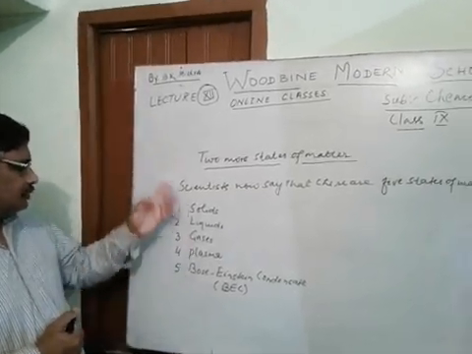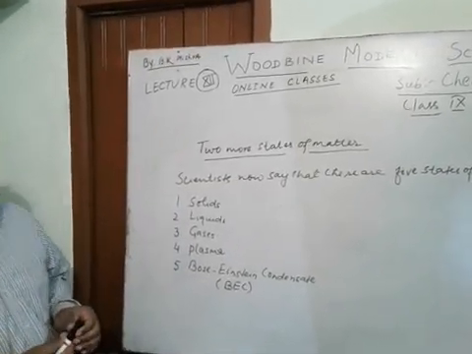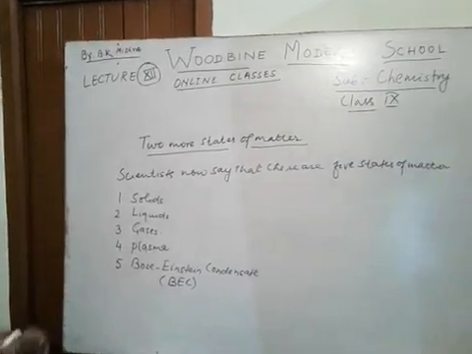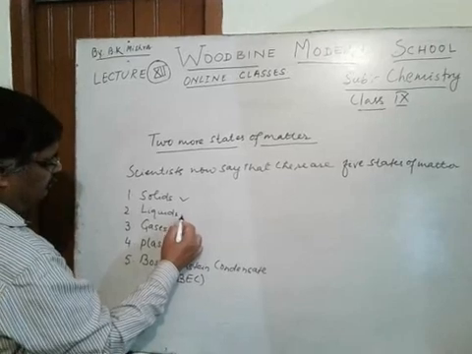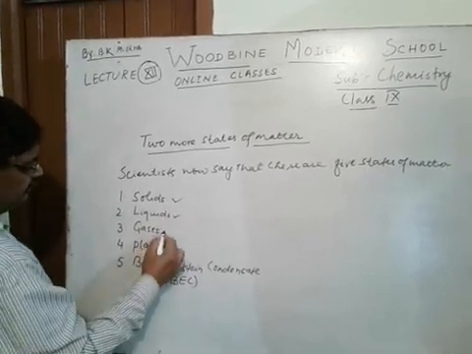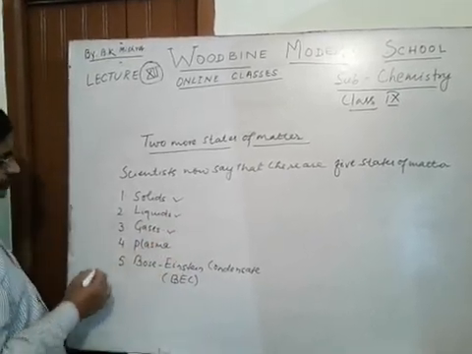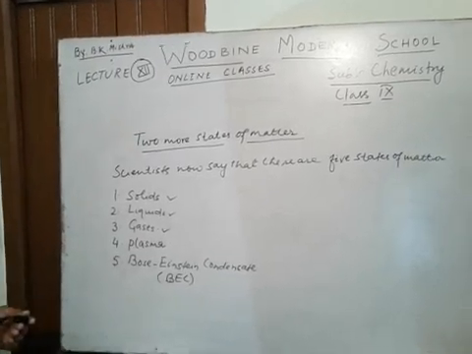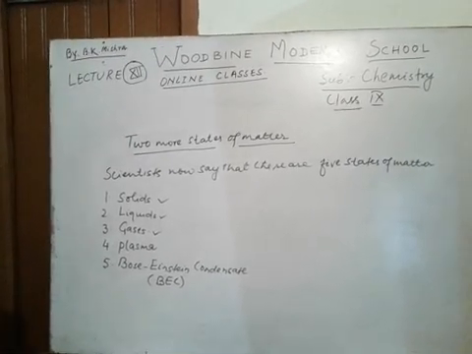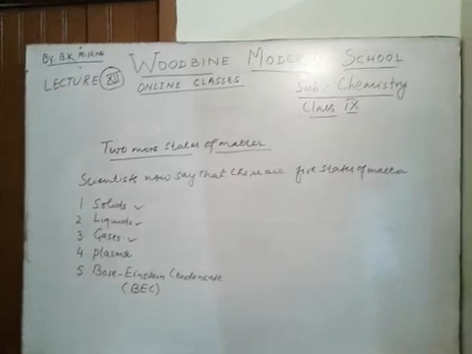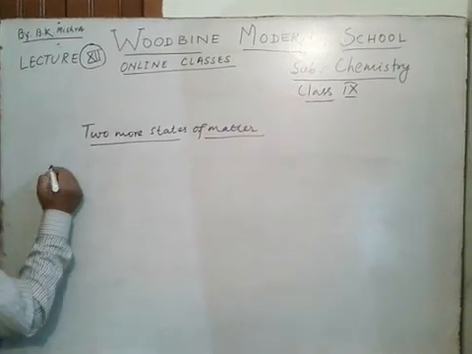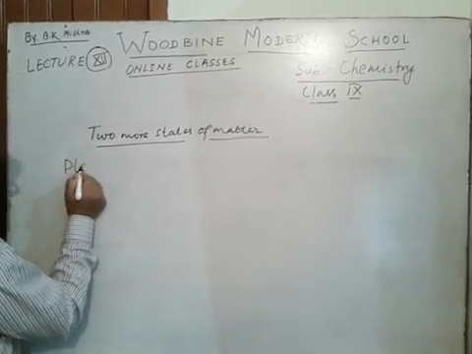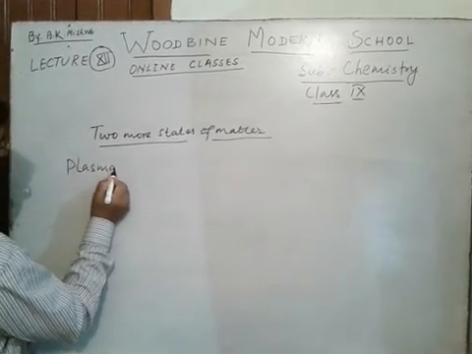Now these four states have already been established. We know about solids and their properties, liquids and their properties, and gases and their properties. Now the 4th state. What is the 4th state of matter? That is plasma. Now students, let us know what is plasma.